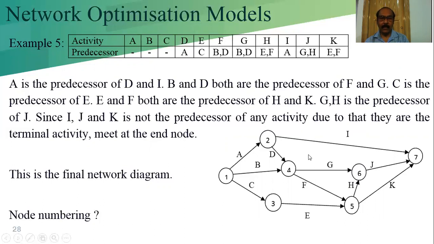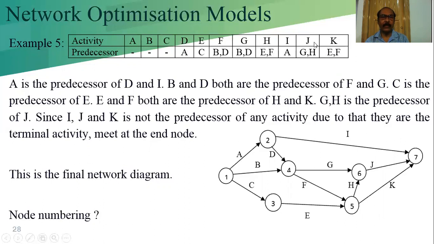It is not possible to draw the network diagram in one shot. We have to do it by the trial and error method using a pencil and eraser. Now I has only the predecessor A, and I is not the predecessor of any other activity, so I should reach the end node.